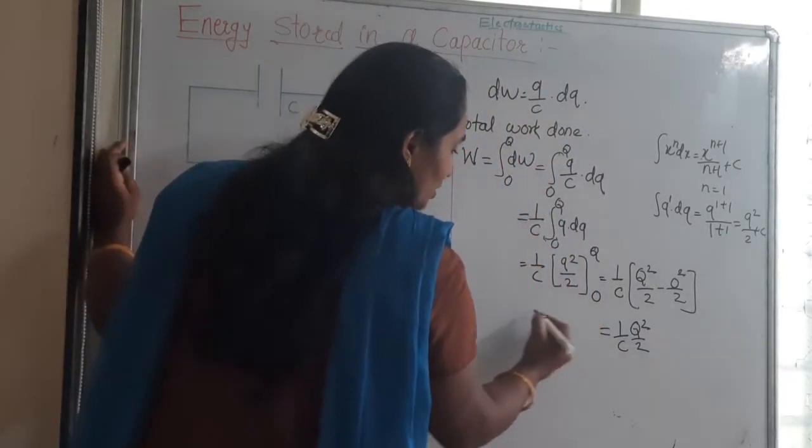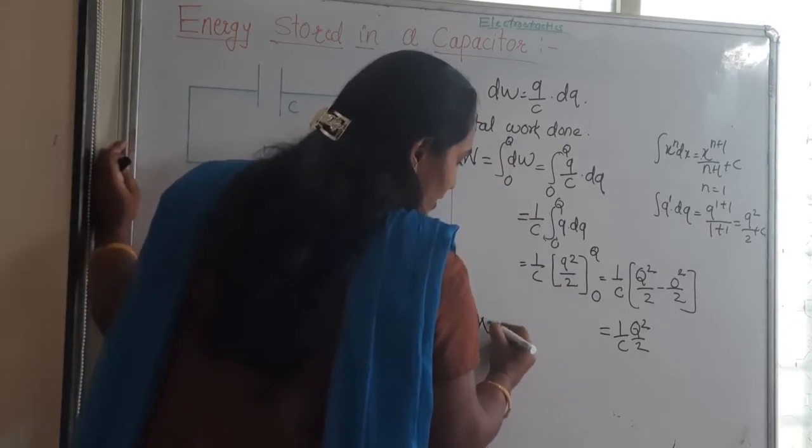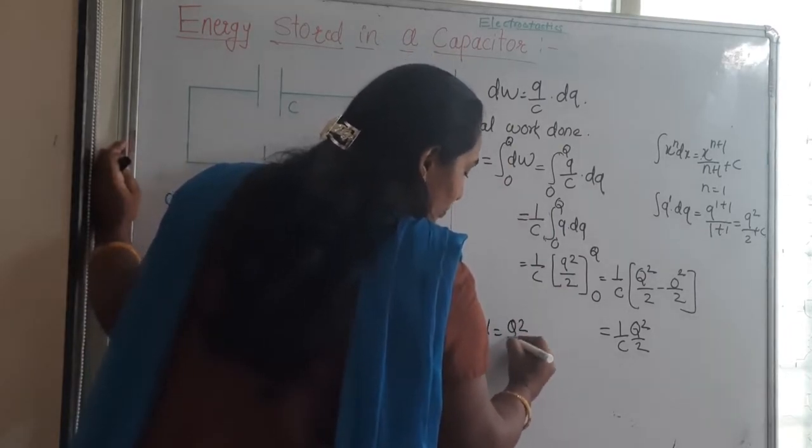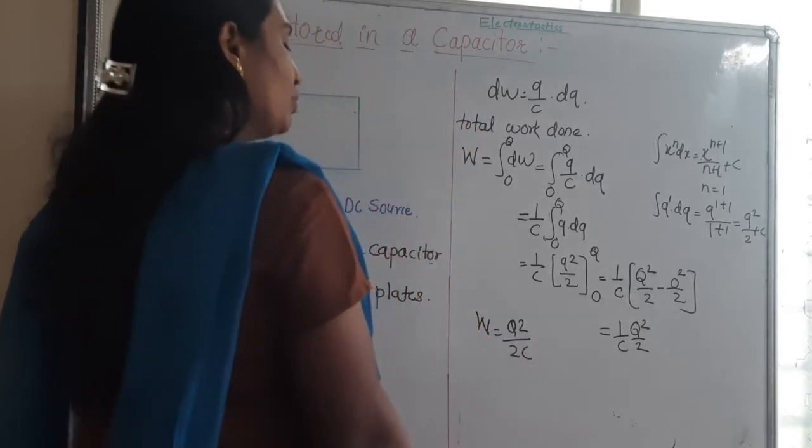This is the value of W, so W is equal to Q square upon 2C.